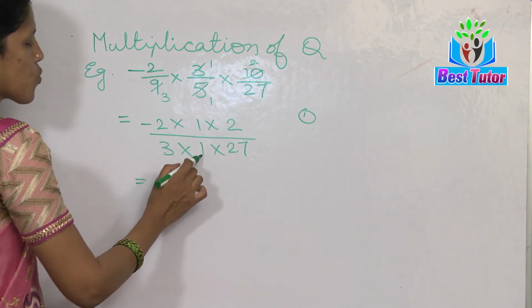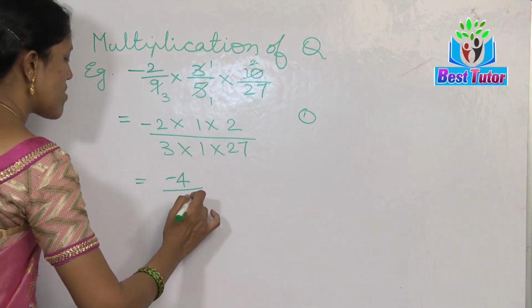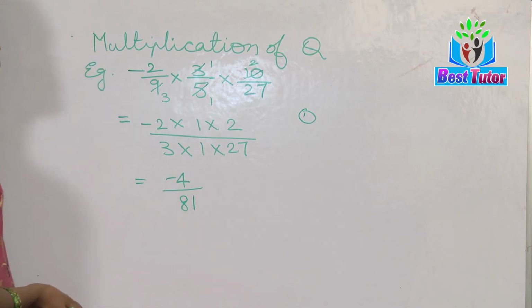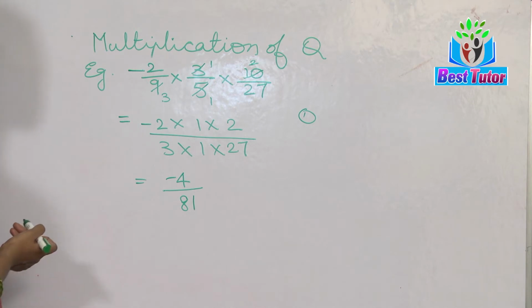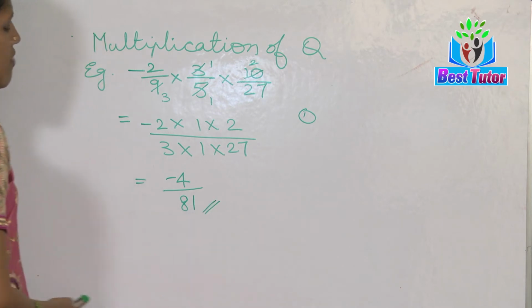Denominator 3 into 1 is 3. 3 into 27 is 3 sevens are 21, 3 twos are 6 plus 2 is 8, so 81. So if we follow the step by step procedure, we have got the solution of the product minus 2 by 9 into 3 by 5 into 10 by 27 is minus 4 by 81.